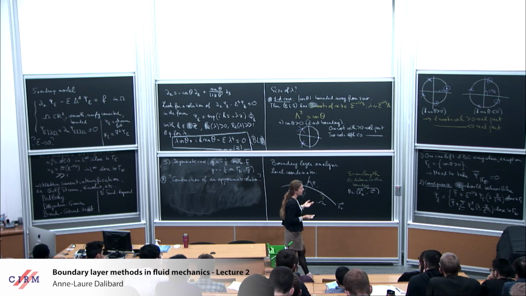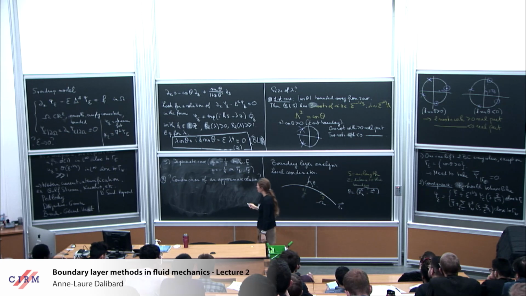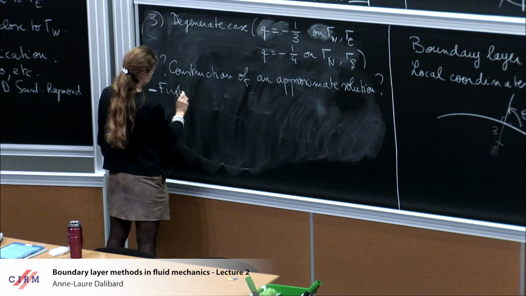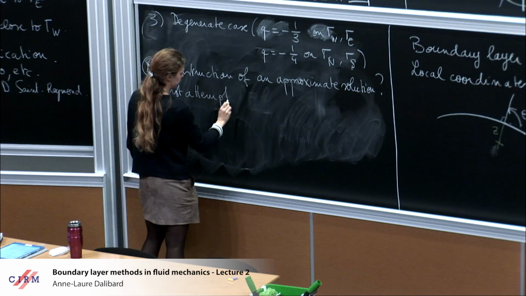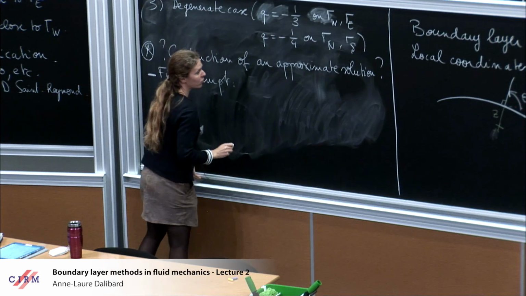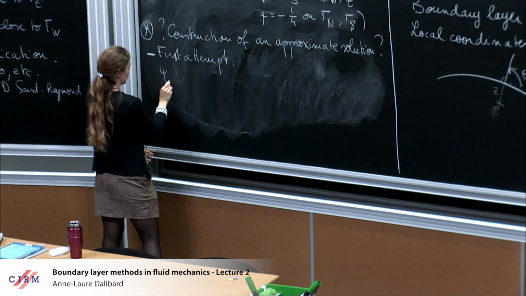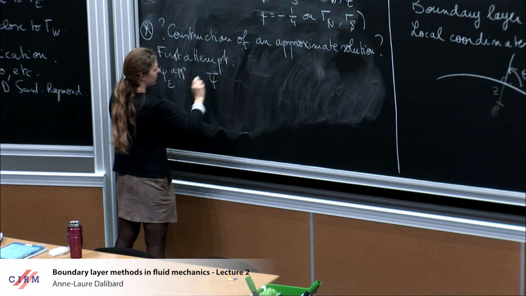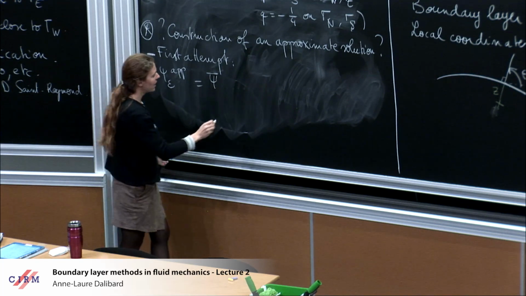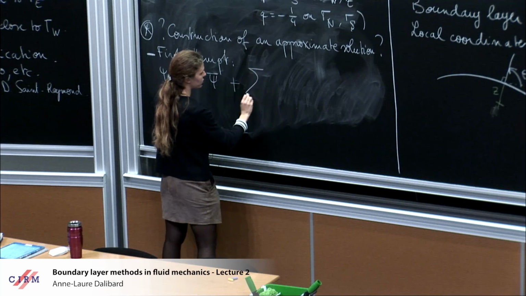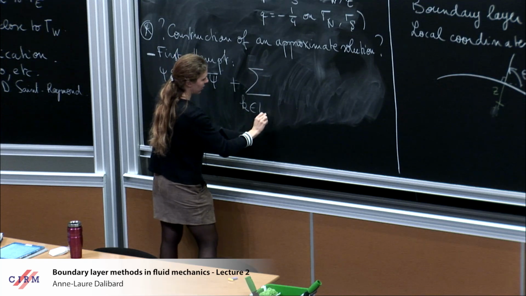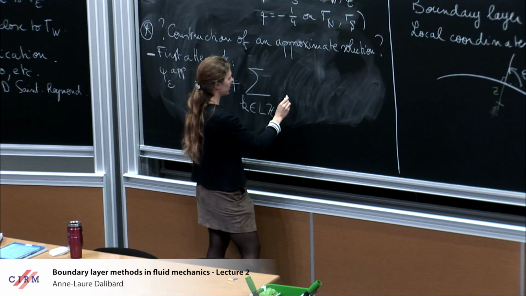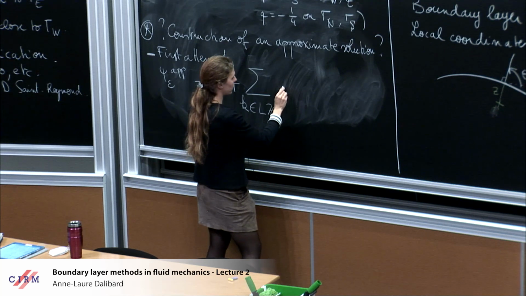If you believe that, in the analysis that I presented yesterday, the first attempt is to write psi epsilon app as your interior term psi bar, which vanishes on gamma e, and then you're going to take a sum for k in Z of some coefficients.